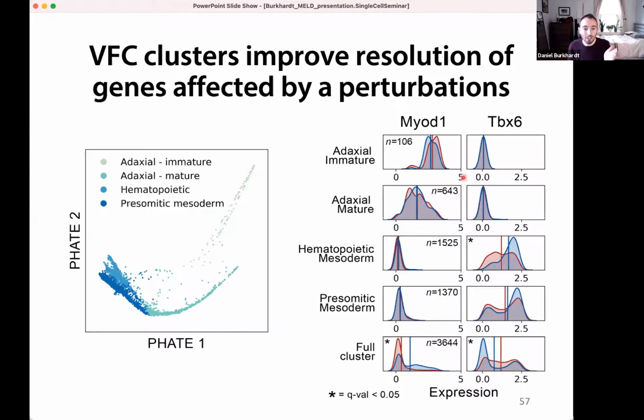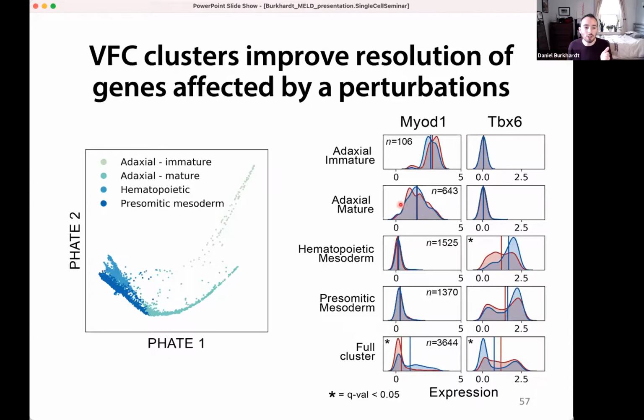But actually, if you cluster the data into these relevant cell populations, what you observe is that with small exceptions, there's no difference in expression of these genes as a result of the perturbation. What you actually see is a difference in abundance of cell populations that are expressing those genes. And this is what's really important. It's not that MyoD1 is upregulated when you knock out CHD.